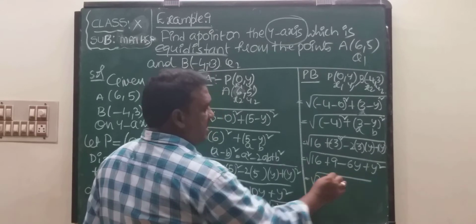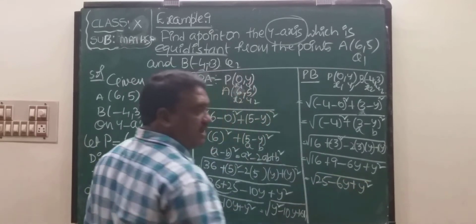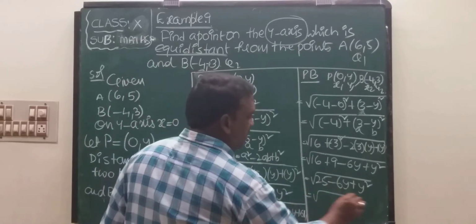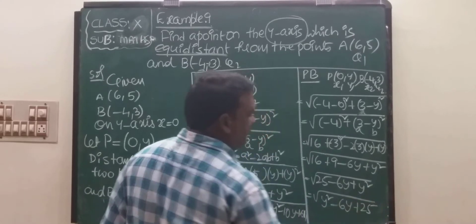Addition: 25 minus 6y plus y square. Write in proper order: y square minus 6y plus 25.